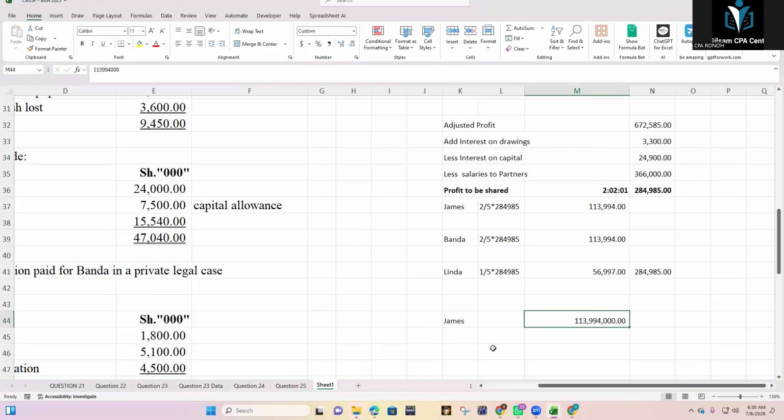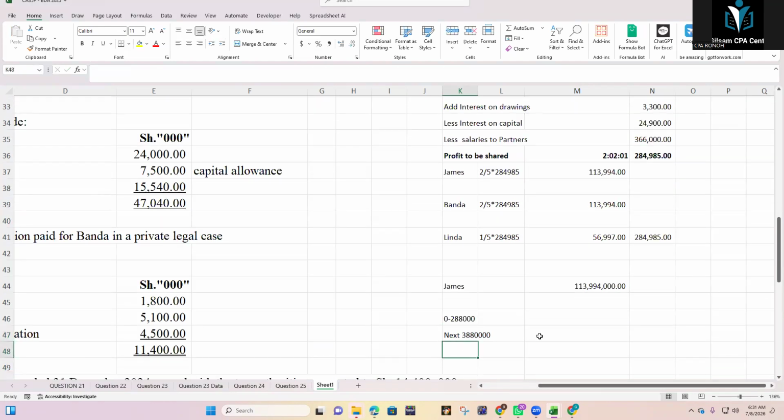So with that, we subject to graduated scale. Per annum, it is 0 to 288,000. And then from there, the next is 388,000? And then next is 6 million.